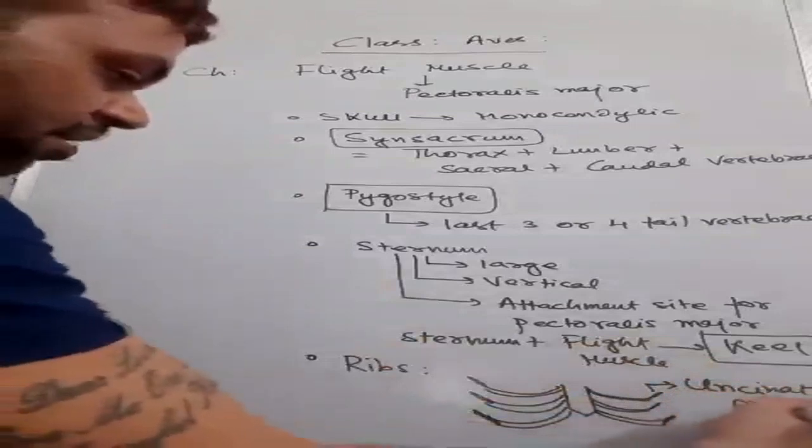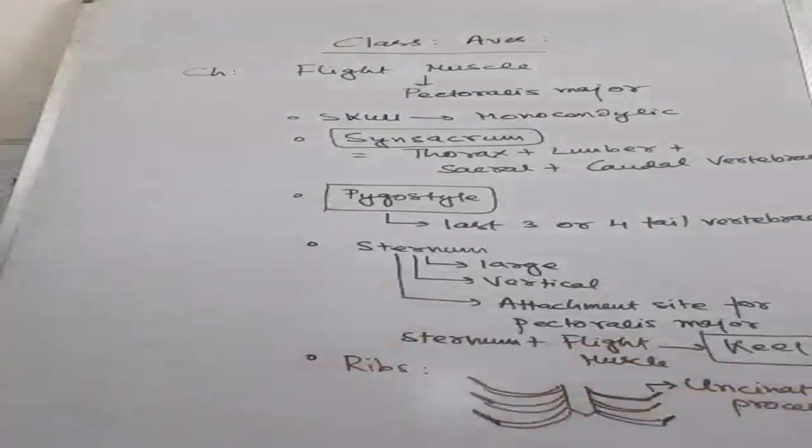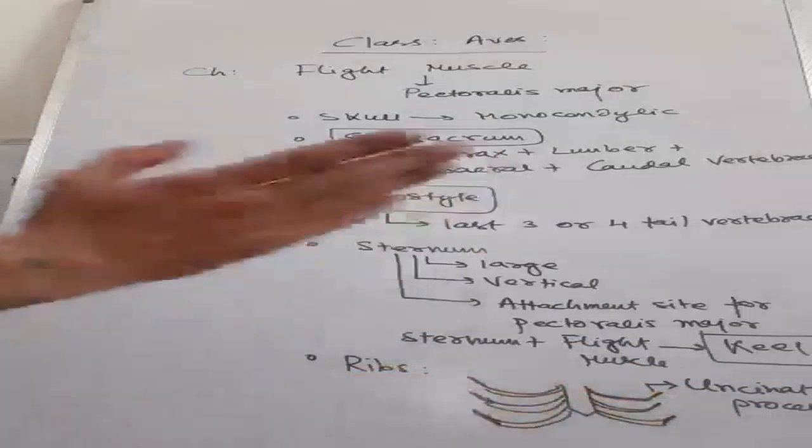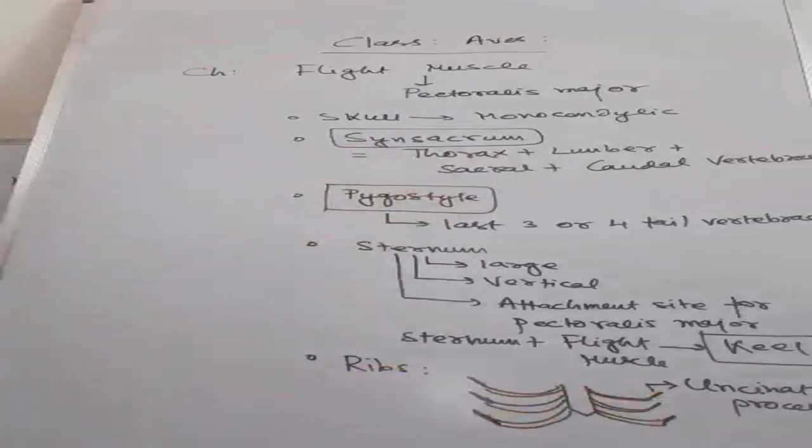Process means any kind of extension from a particular structure. So their ribs have certain processes coming out from them, and it is known as the uncinate process.